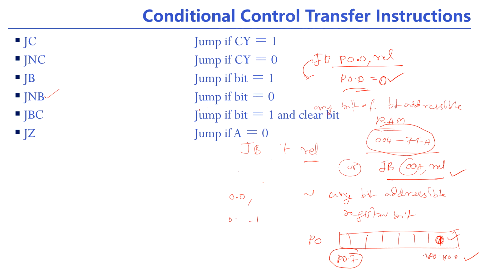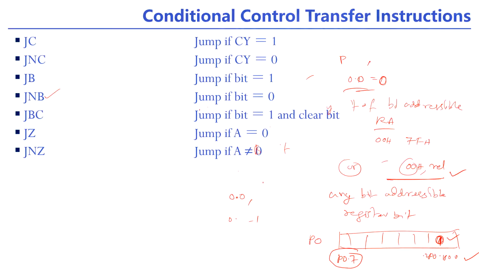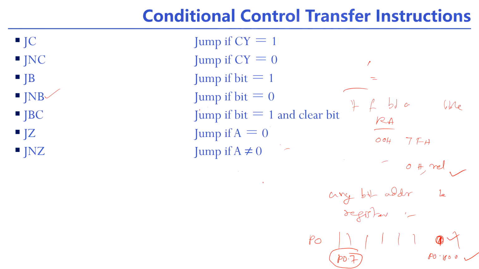Next, we'll discuss jump if zero. The syntax for this instruction is JZ relative address. We'll see one simple example.